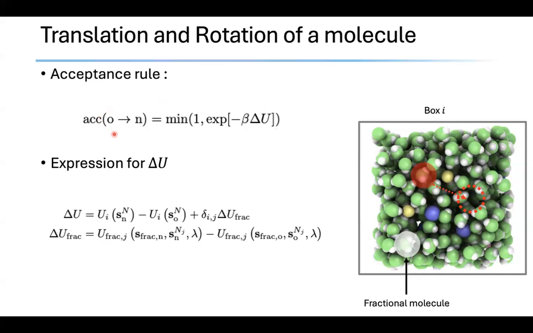A similar argument can also be extended to rotation. Once you rotate the molecule around its position, then its interaction or the distance between the atoms of that molecule with the surrounding atoms of the neighboring molecules also changes, resulting in a change in the overall energy. And once again, you can calculate the delta U's and you can calculate the acceptance rules for such a state.